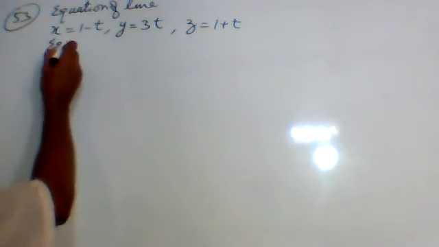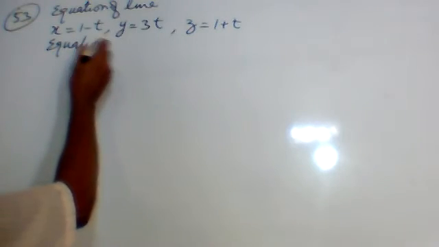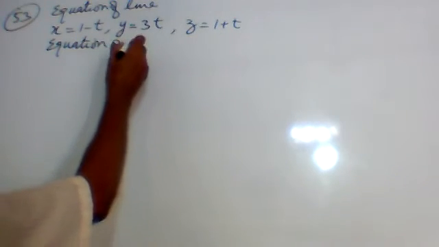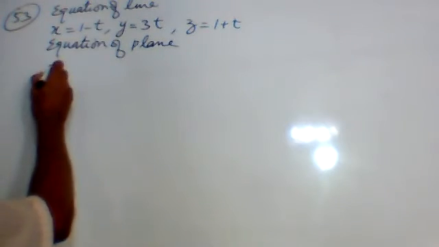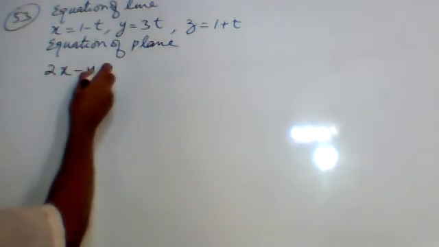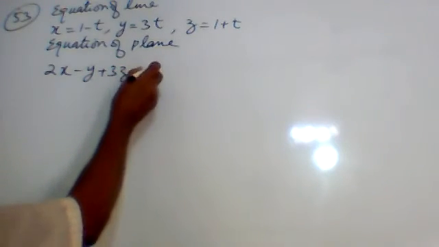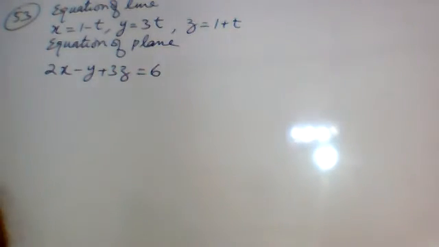And the equation of the plane: 2x minus y plus 3z equal to 6. This is the equation of the plane.